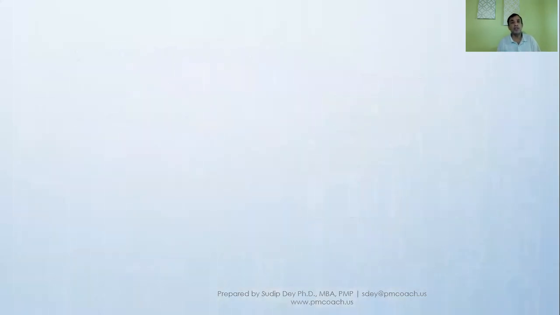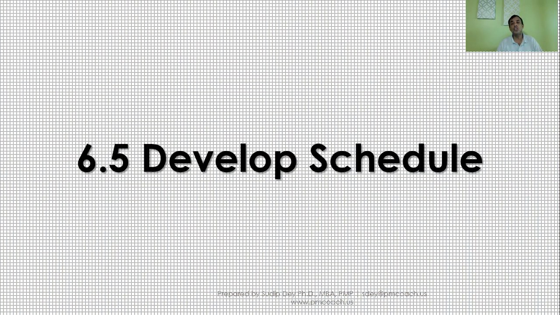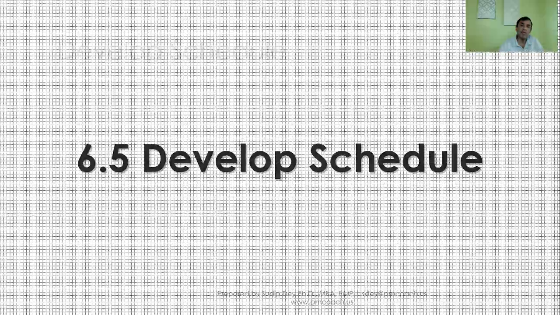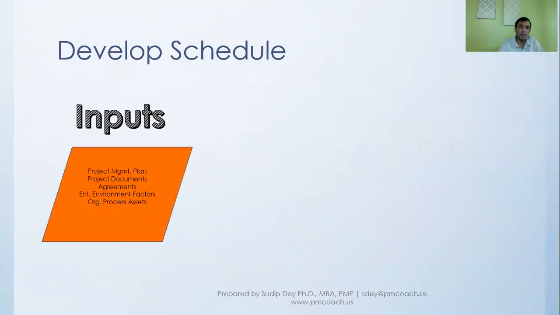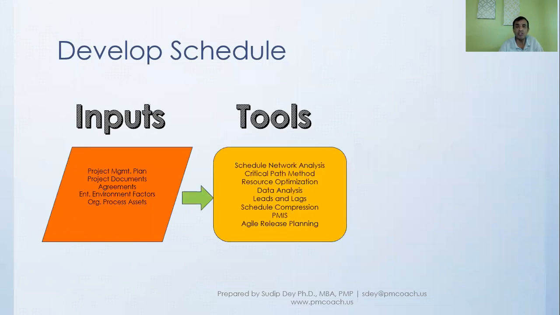So now this finishes the activity duration. We will now move into the next process, which is develop schedule. Develop schedule, the process, will have inputs as project management plan, documents, agreements, factors, and there are different tools that we'll use.